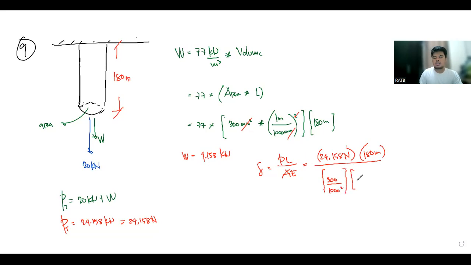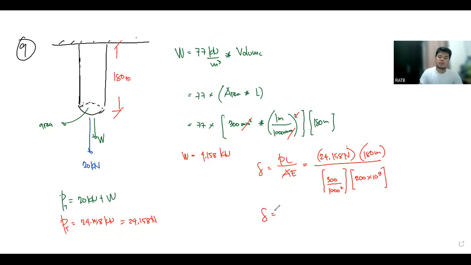E is 200 gigapascal, or 200 times 10 to the power of 9.